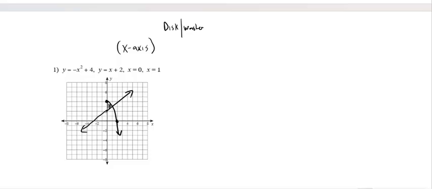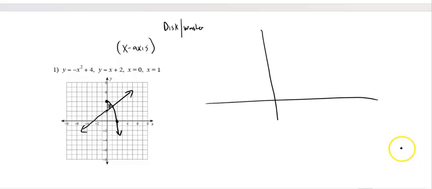Okay. So if I want to find out where they intersect, let's blow this area up a little bit so I can draw my little rectangles that I'm going to rotate. Okay, so this point, what point would that be?